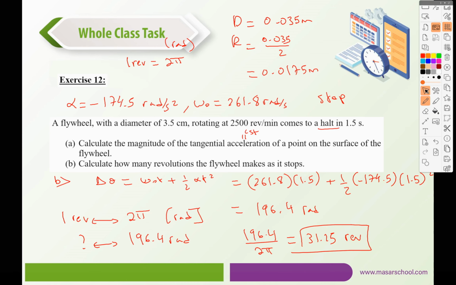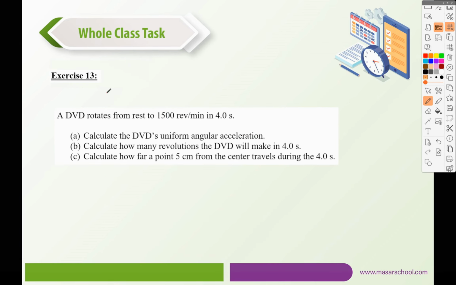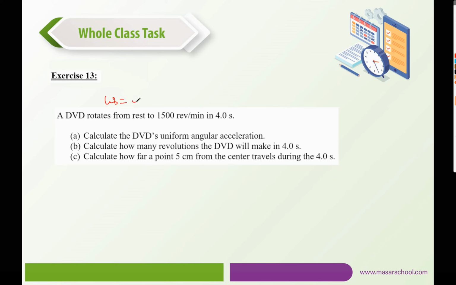Now moving on to the next exercise. A DVD rotates from rest, and the initial angular speed is 0, to 1500 revolutions per minute. So we can determine the final angular speed in radians per second by multiplying by 2 pi, because each revolution corresponds to 2 pi, and dividing by 60.